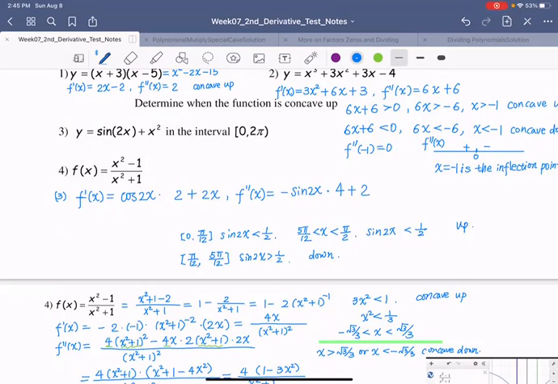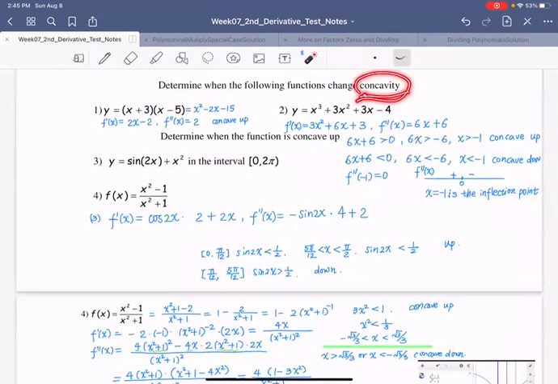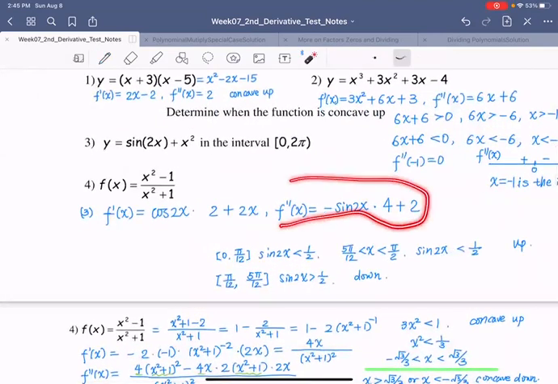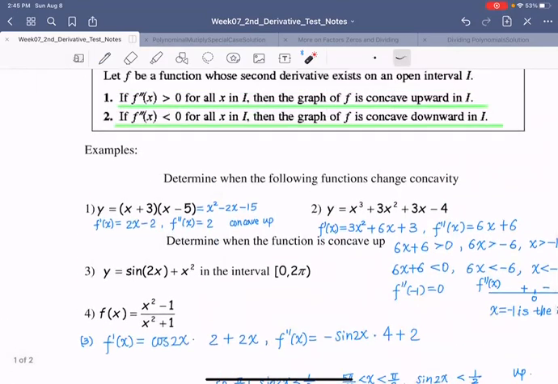So we want to find the extrema, right? No, we want to make the first derivative equal to 0, correct? Oh, okay, don't worry, we don't need to get the extrema, we just check the concavity. They didn't ask us for minimum or maximum, they asked for concavity, so we only care about the second derivative.